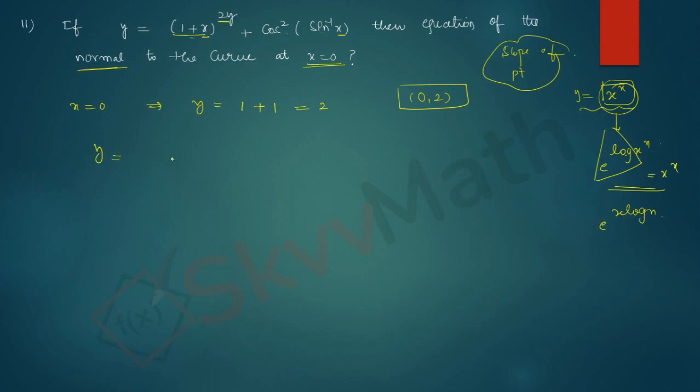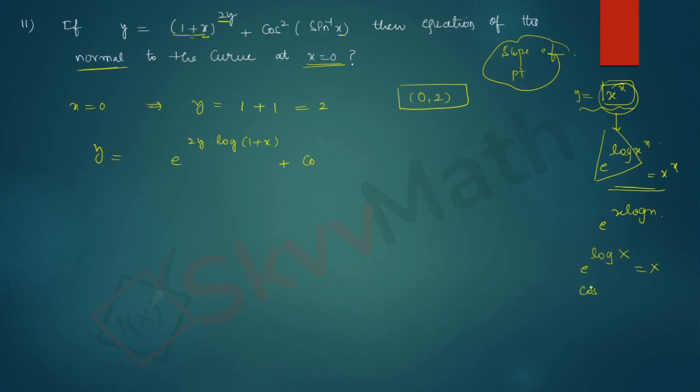y is equals to e to the power of, what we write, 2y into log of 1 plus x, right? Because e to the power of log x is x, so we used this. Then plus cos square of sine inverse x.